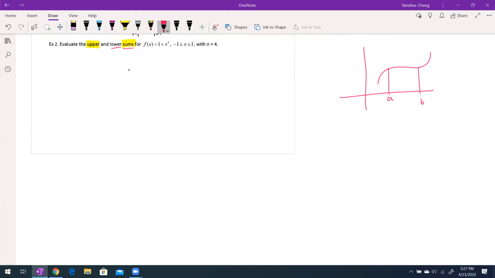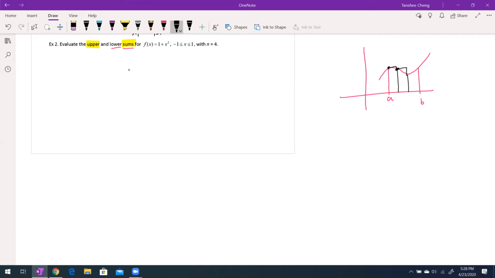If you want to talk about upper sum, in that interval we always want to overestimate. So when you break it down into rectangles, for the first rectangle I'll be using the left end, and for the second rectangle also the left end, so that it overestimates.